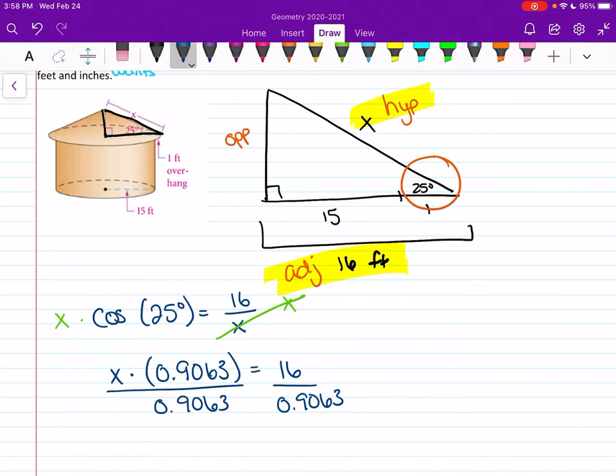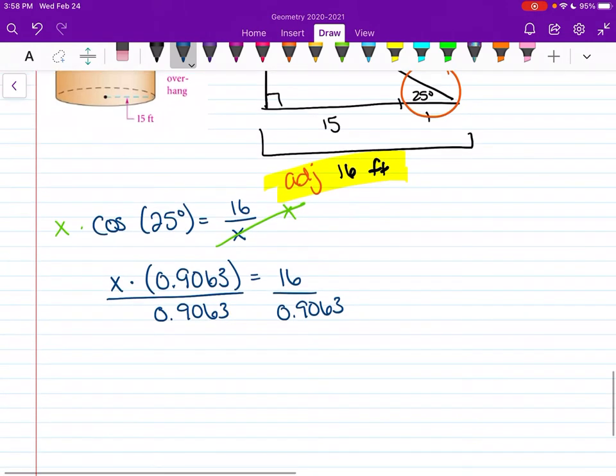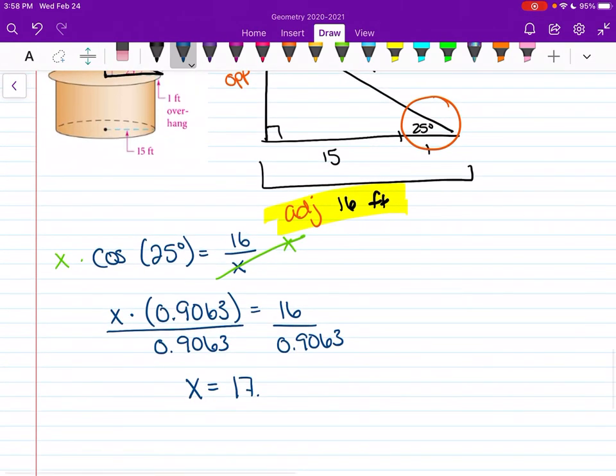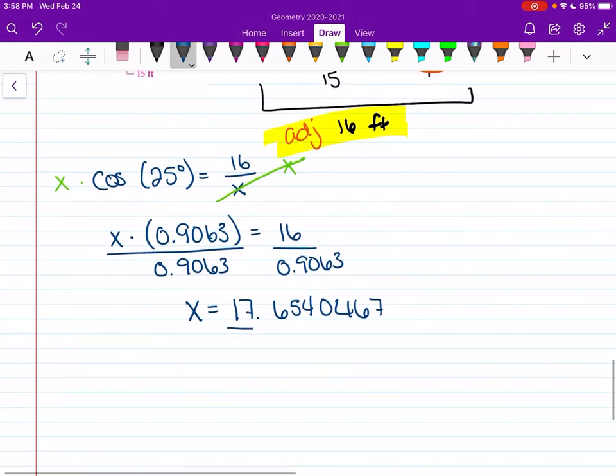I want 16 divided by cosine of 25, which gives me x is going to be 17 point... The problem tells me to give your answer in feet and inches. Okay, so then we have 17.6540467. So we have 17 whole feet, and then we need to find how many inches this is.